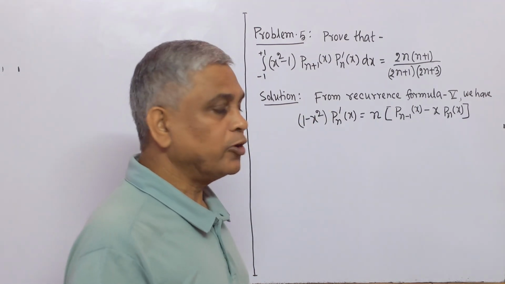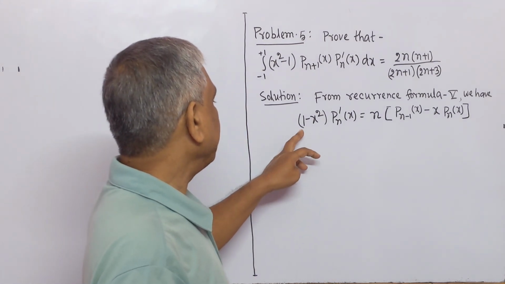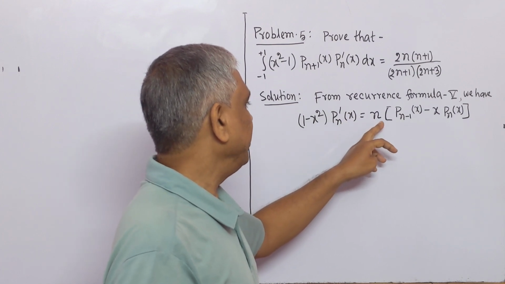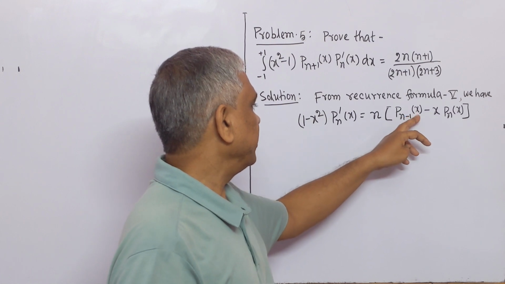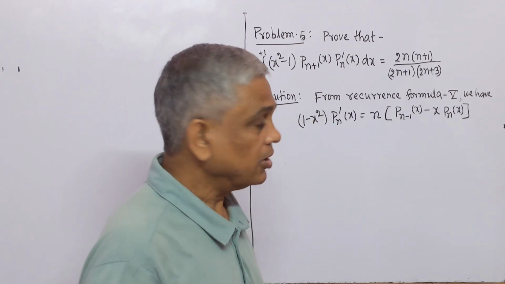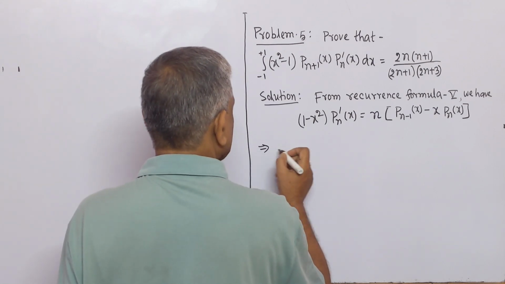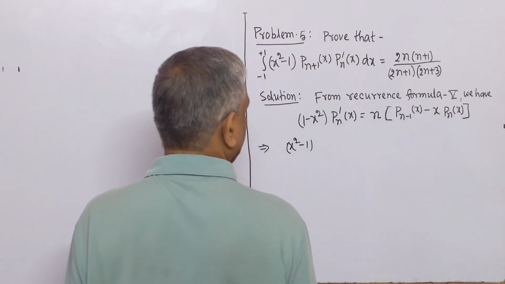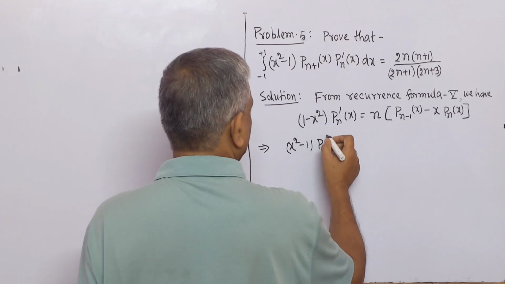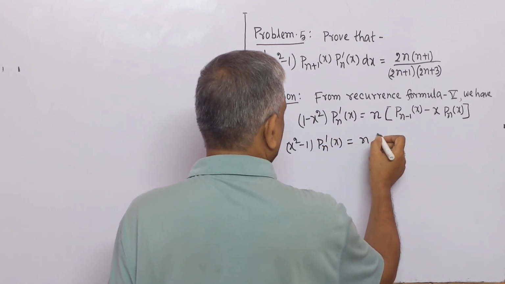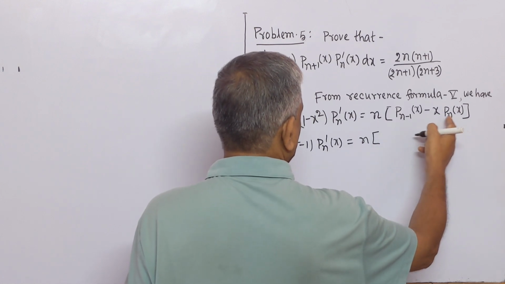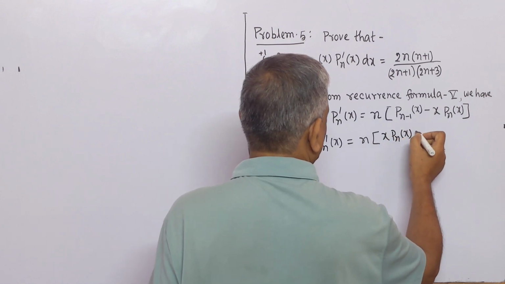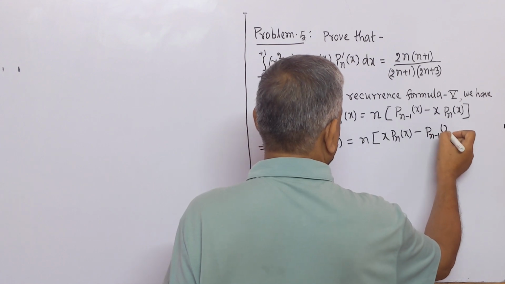Solution. Since from recurrence formula 5 we have (1 - x^2) P_n'(x) = n [P_{n-1}(x) - x P_n(x)], this implies that, multiplying both sides by minus 1, (x^2 - 1) P_n'(x) = n [x P_n(x) - P_{n-1}(x)].